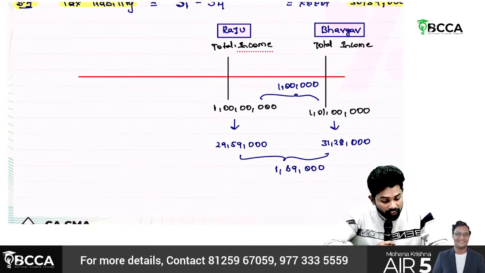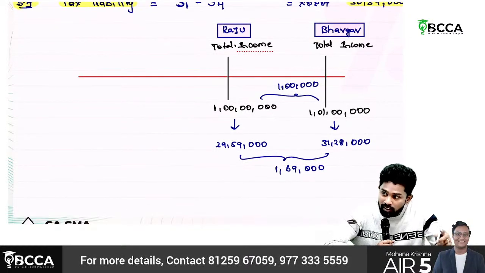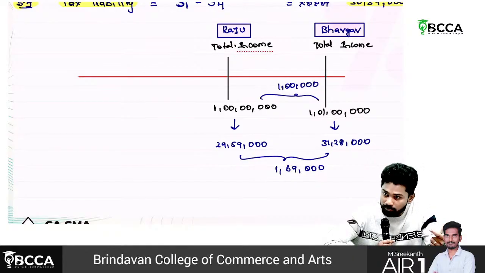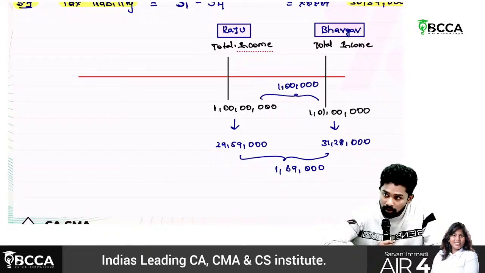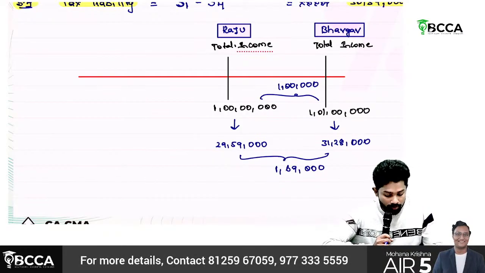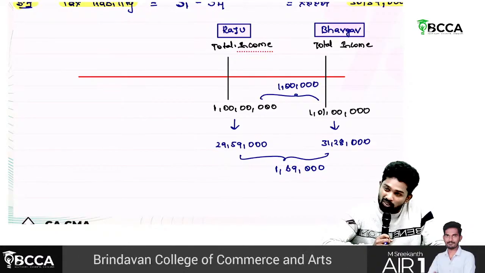If you check at 1 crore 10 lakhs, you can check whether marginal relief is applicable or not. Instead of 1 crore 1 lakh, if you take 1 crore 10 lakhs, the difference between incomes is 10 lakhs.